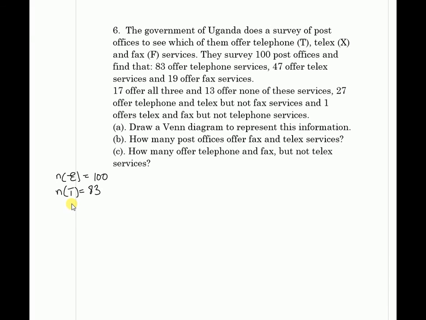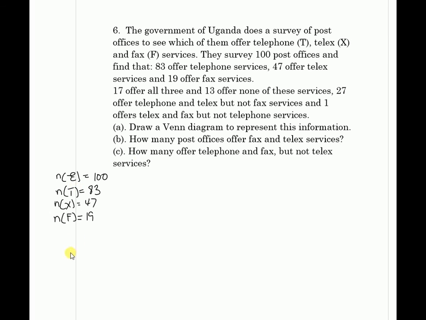Then there is 47 of telex, so for X we have 47. Then 19 of this one, which is now F. The number of elements in F is equal to 19.